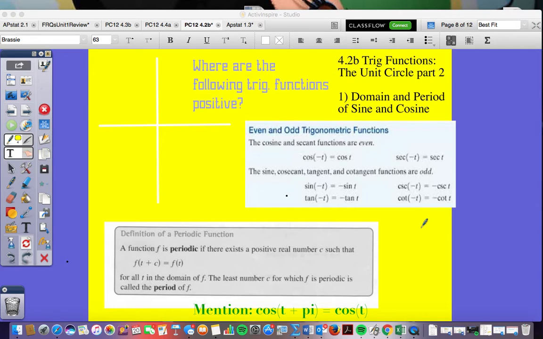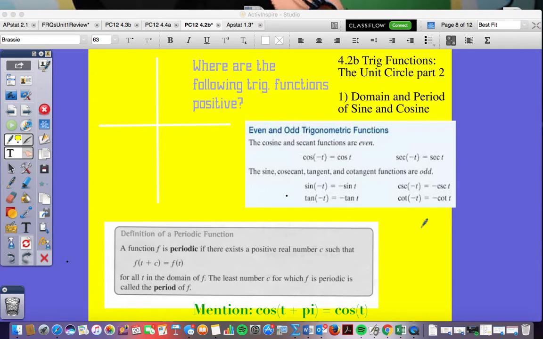We would say that in this instance, the sine of t, which could be any angle, is equal to the negative sine of negative t. What that means is, if I took out that negative and kept the same definition, it doesn't work with what I have in red. I just need you to see that. Any other questions on that?